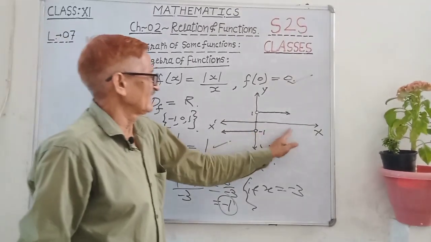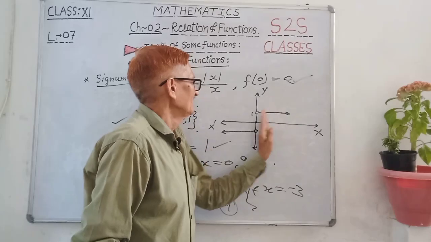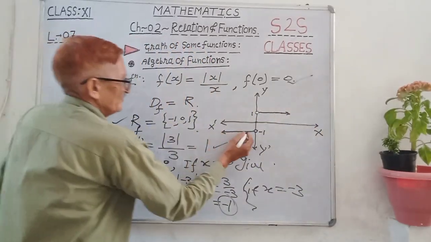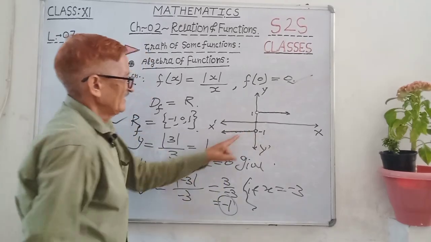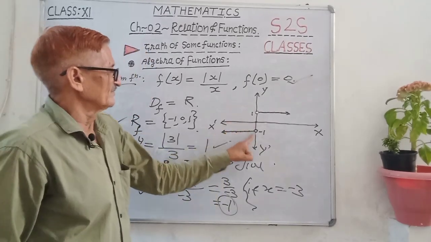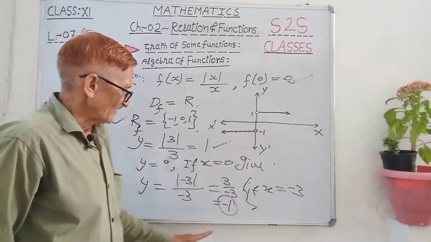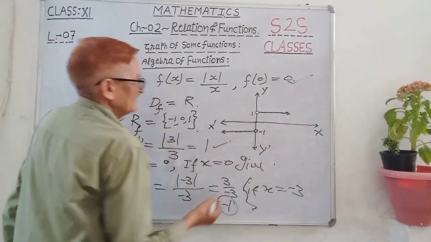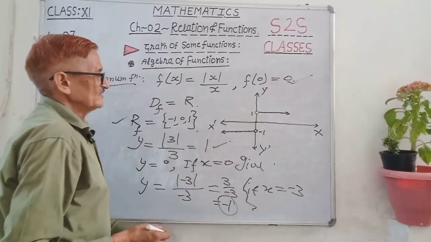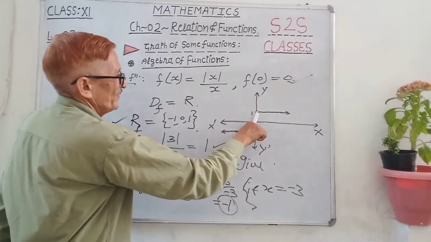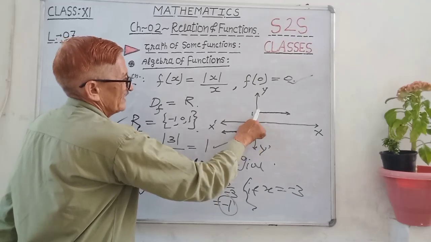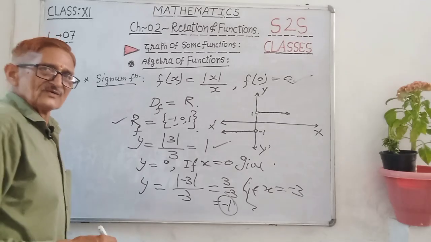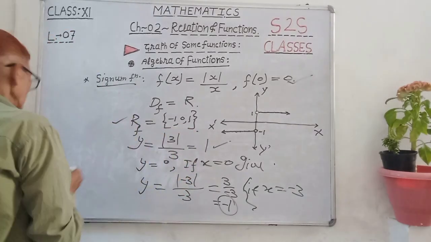For every positive real number x, y will be 1, so a straight line. And here many points will come where x is any negative real number, but y is minus 1. Okay? So negative real number gives minus 1, positive real number gives 1, and 0 gives 0. This point is open, and here a straight line, so a ray. Now this is the graph, this is the range, this is the domain. Done.